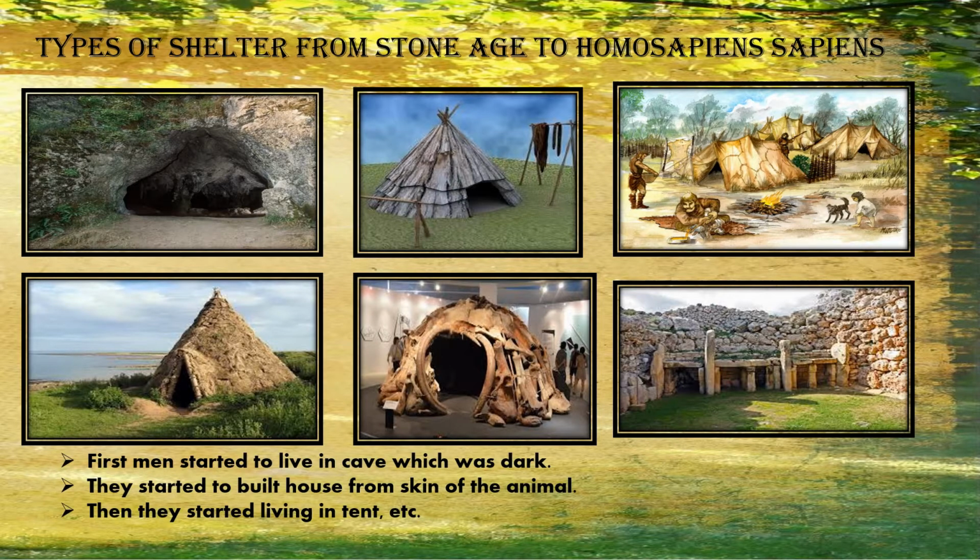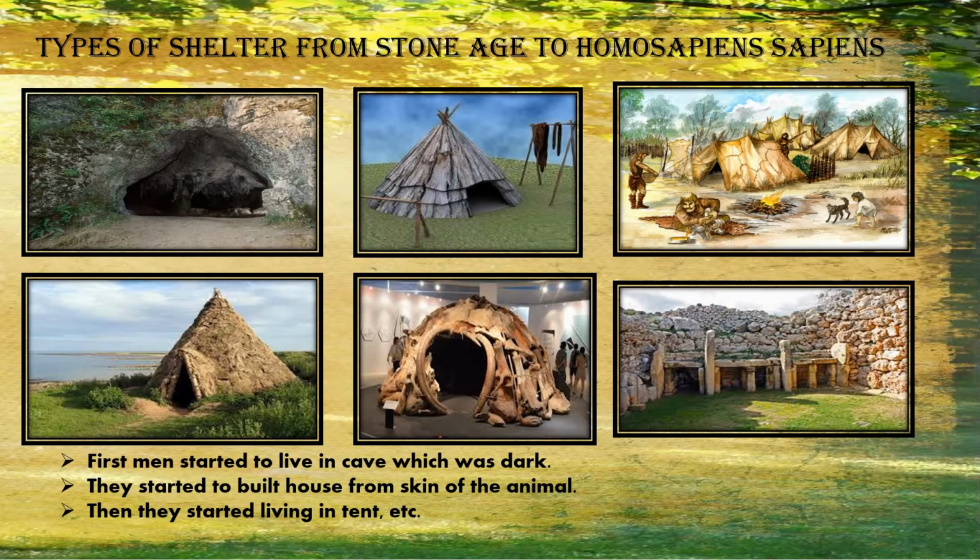So they made houses from the bark of trees, animal skin, dry grasses, and also from bones which were collected from dead animals. And at last they started living in houses made from stone and iron.